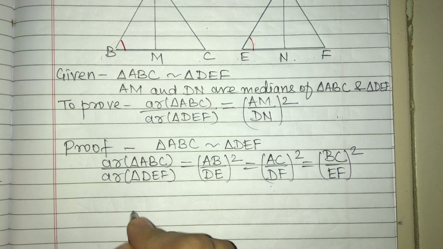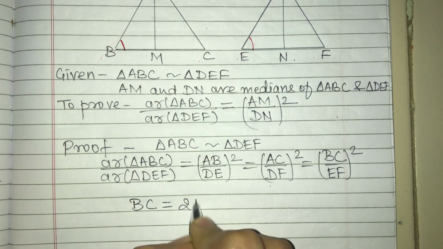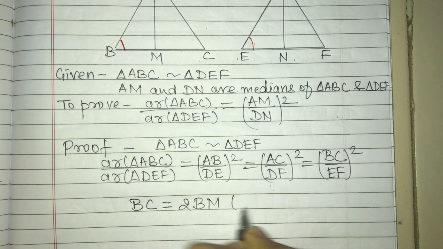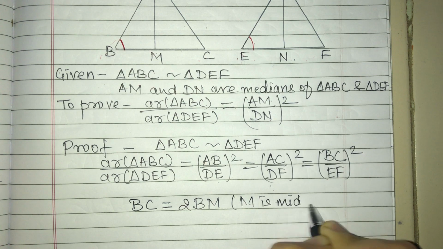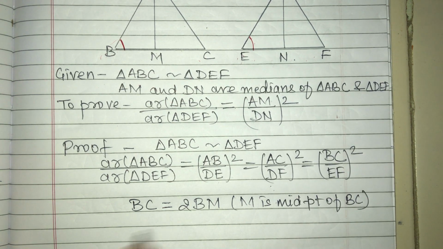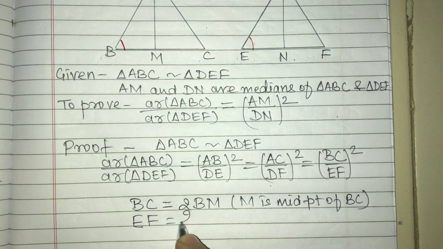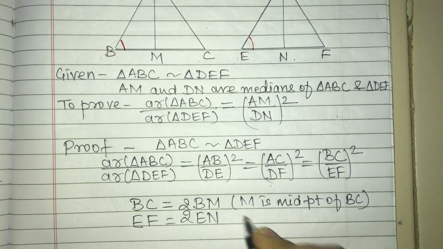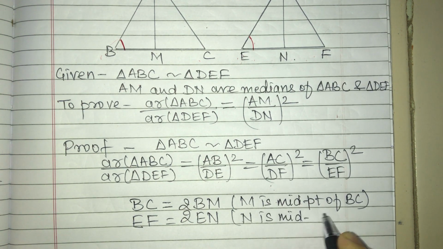First of all, write BC equals twice of BM. Why? Because M is the midpoint of BC, therefore BC equals twice of BM. Similarly, EF equals twice of EN because N is the midpoint of EF.